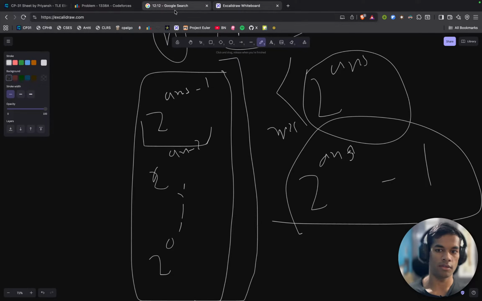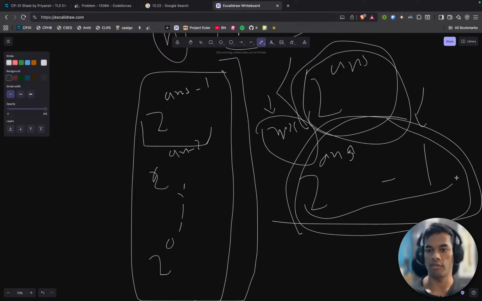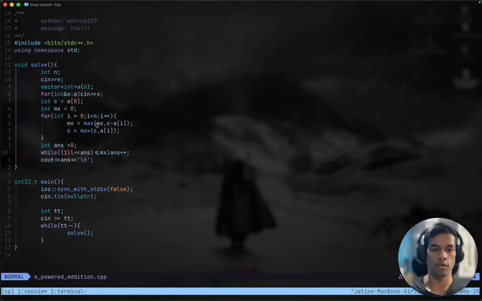And that is okay, since we know mx is smaller than this thing, and this is the maximum sum that we can reach, 2 power answer minus 1, then we will always be able to reach mx at answer time. So this is okay.